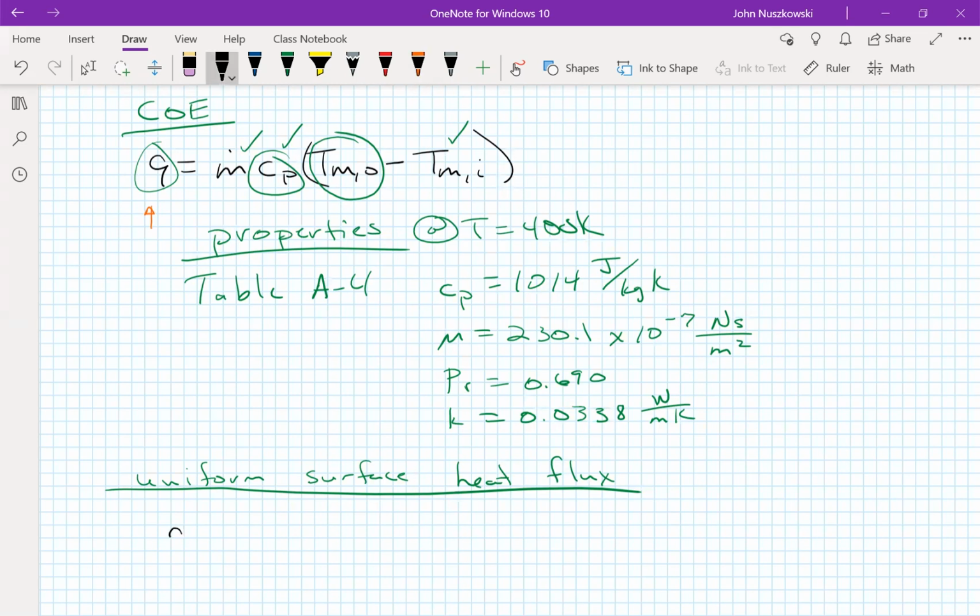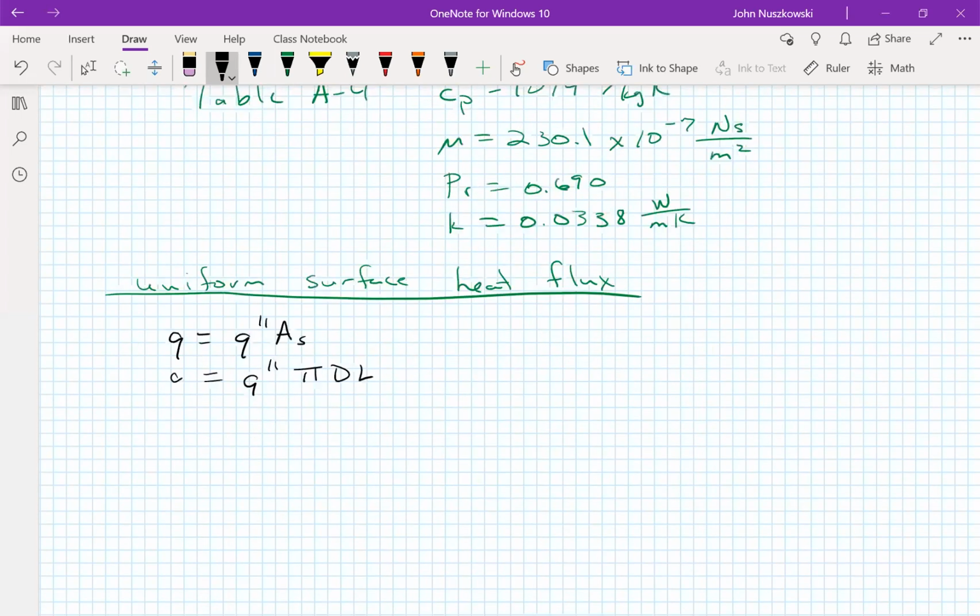So heat flux times our surface area, pi D L, is the heat, right?